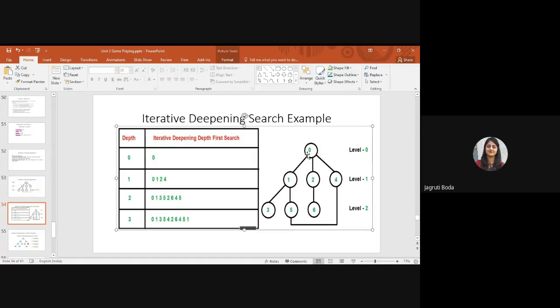So you clear the difference between level and how nodes are explored. At level 2, you are exploring till node 5, right? But this is level number 3, which means your depth is up to 3. So you are exploring this one also.